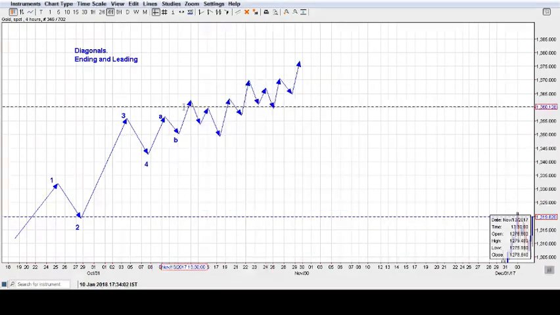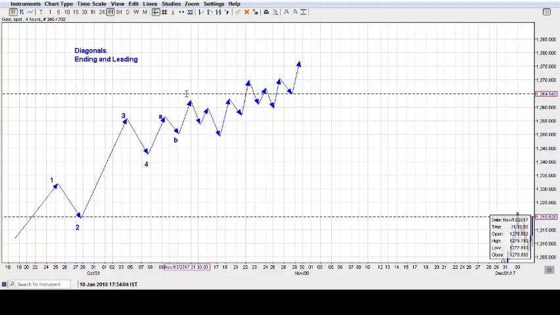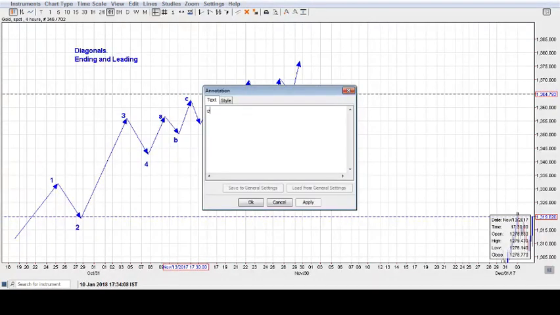So normally ending diagonals, you can find them at the end of a particular trend, that is on the fifth wave.